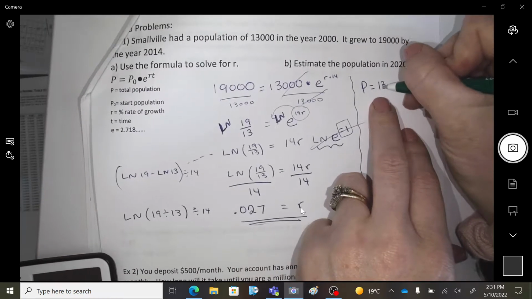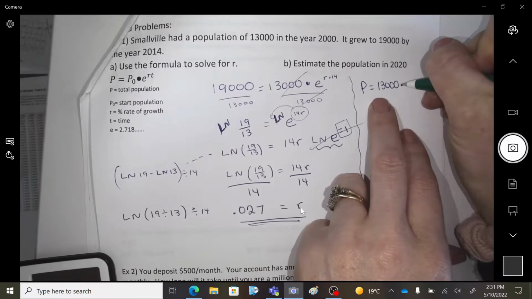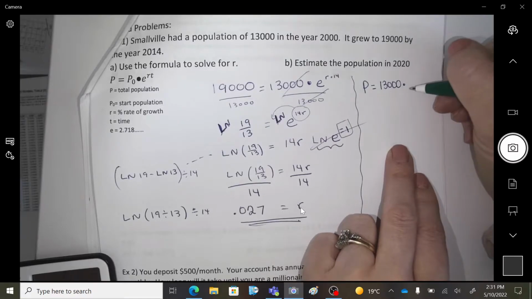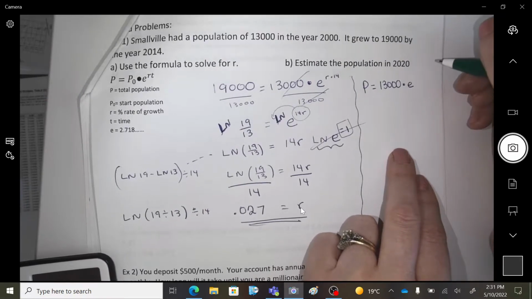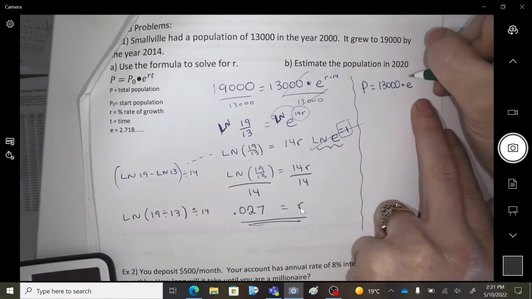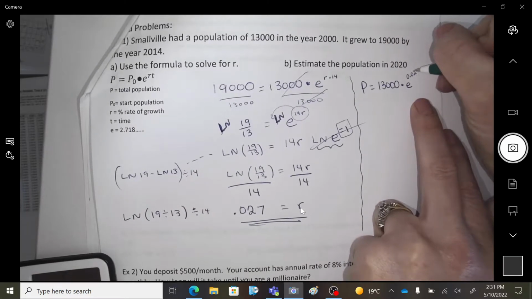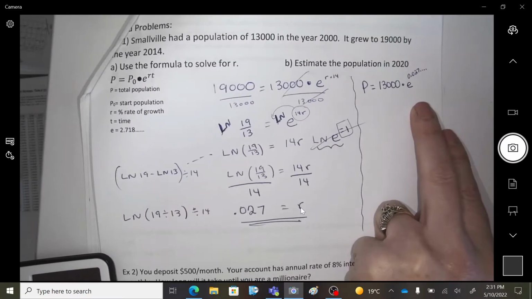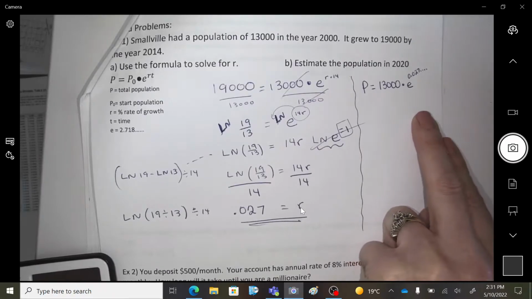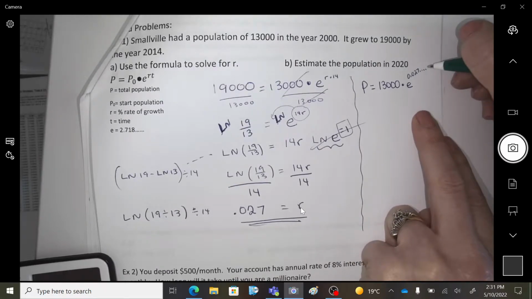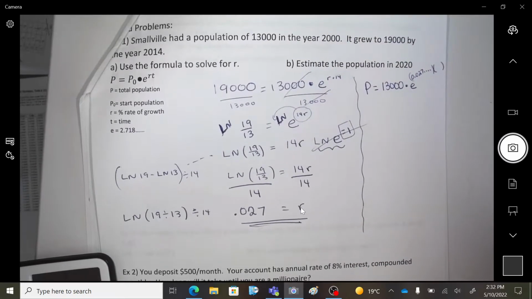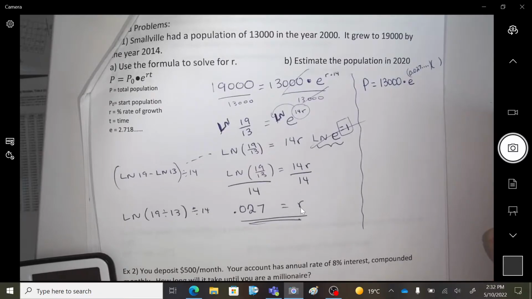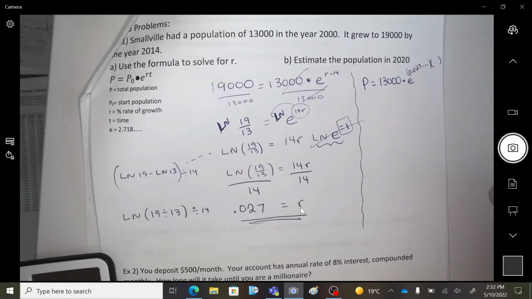It started at 13,000 times e to the r, which we know, 0.027 dot dot dot, times how many years from the start to this 2020? How many years will the population have been growing?